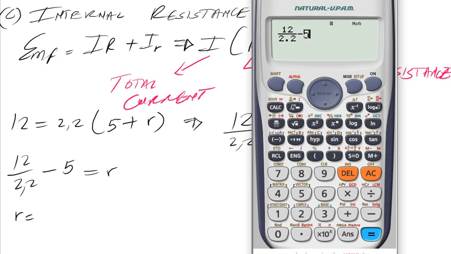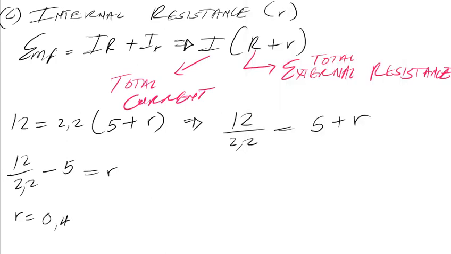This will be equal to 0.45 ohms. This is your internal resistance. That's how you calculate it.